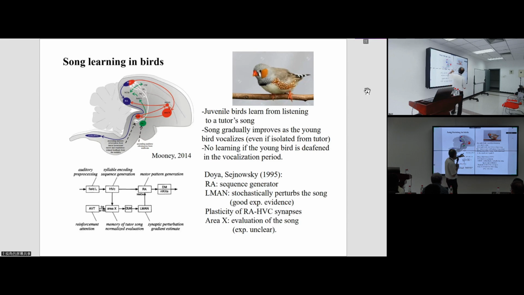They proposed that this is done in area X, and at the moment I don't think there is very good evidence for this. This is rather unclear. Okay, so this was proposed a long time ago.